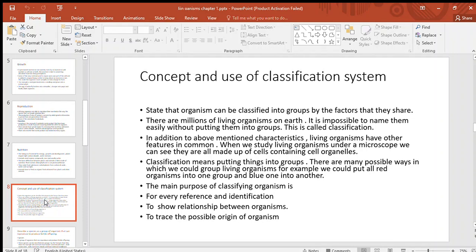To show a relationship between organisms. To trace the possible origin of organisms. These are the three features which are the main purpose of classifying organisms.